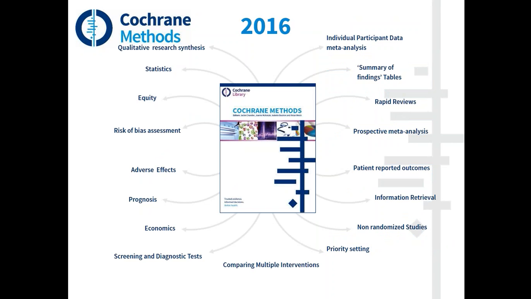So this is really just, I think everybody on the call is probably not new to this, but there's been a proliferation, obviously, of interested people who've come in under the Cochrane umbrella to develop their research interests. This is currently where we are at 2016, where we have 17 covering this range of methods.